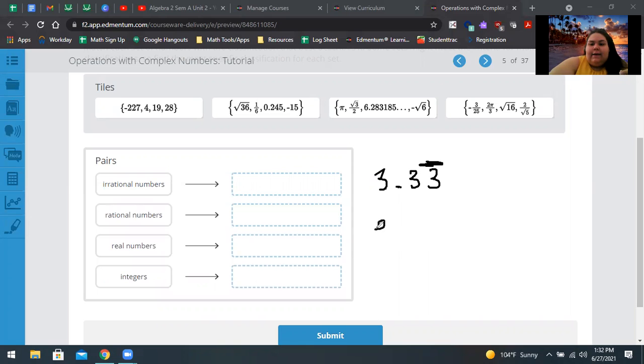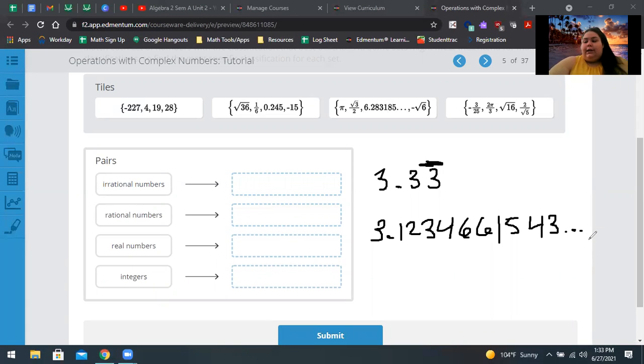But say I have 3.123466153, and I'm going to add those dots there because it's continuing on. There is no clear pattern there, so that represents our irrational number. Those are the main difference.